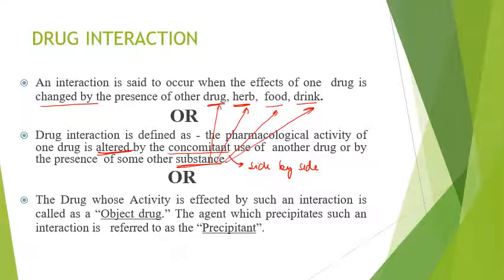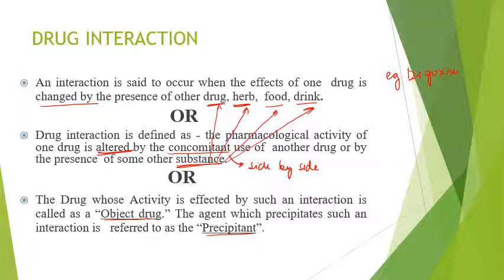Right. So moving on, the drug whose activity is affected by such interaction is called the object drug, and the drug which precipitates such an interaction is referred to as a precipitant. So let's take an example of digoxin here. Digoxin is a drug with a very narrow therapeutic index. 40% of the metabolism of digoxin is done by the intestinal flora.